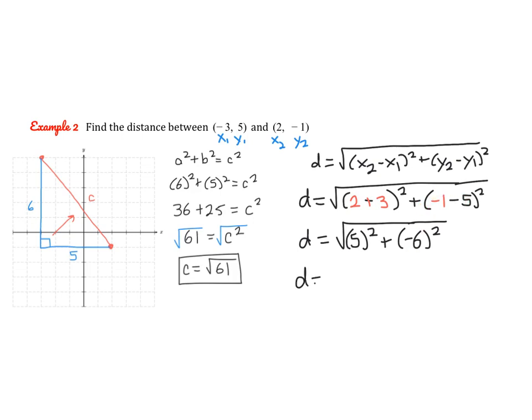We know that 5 squared is 25. (-6) squared is +36. And we end up with the same exact answer, square root of 61. So whether you make a right triangle and use the Pythagorean theorem, or you use the distance formula, you will end up with the same result. And you should know how to do this with both methods.